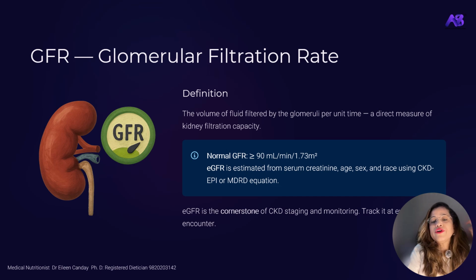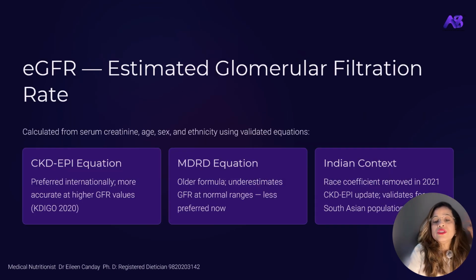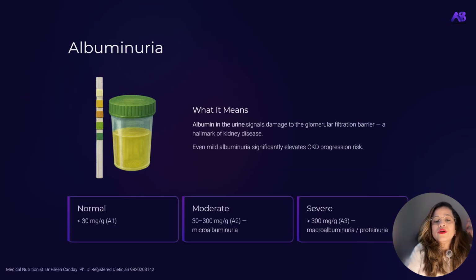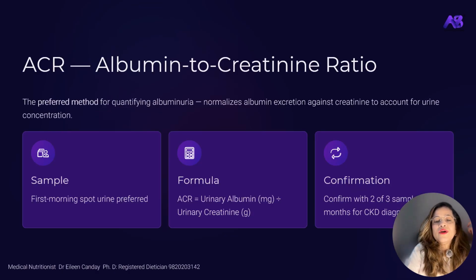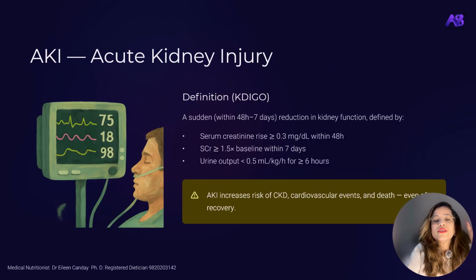What a glomerular filtration rate is, what it means, what the terms are, what eGFR is, that is the estimated glomerular filtration rate. Again, students should understand what albuminuria is, what is normal, moderate, and severe. The albumin to creatinine ratio, yes, this is the sample formula where you can understand this.